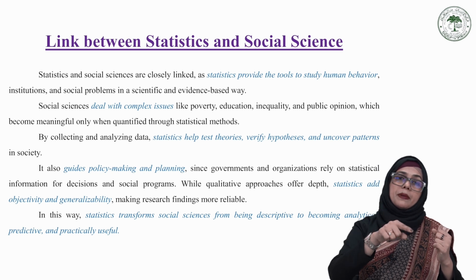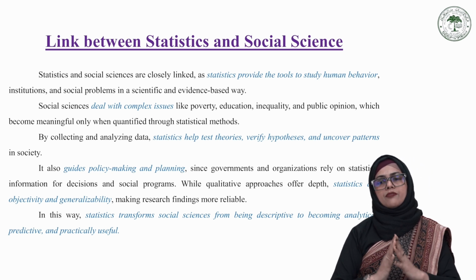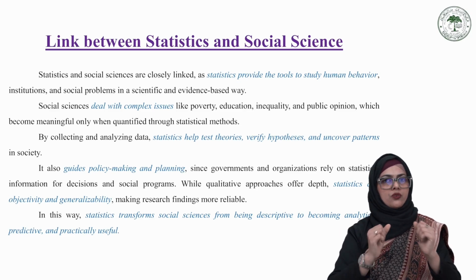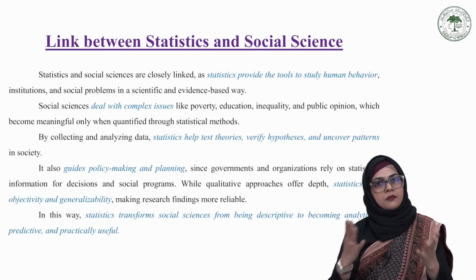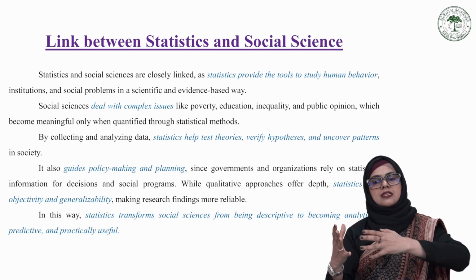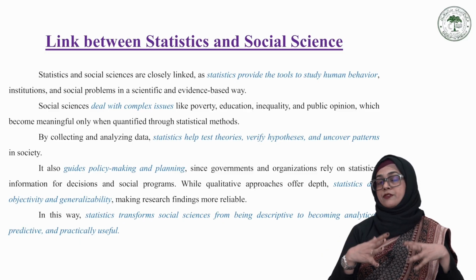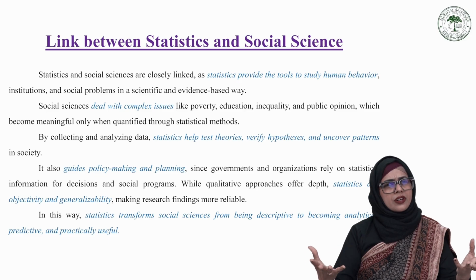Now how does it help and guide policymakers? For example, if a government wants to know whether a new welfare scheme reduces poverty in rural areas, what can they do? They can do a survey and collect data from different households before and after the scheme, and of course they have different statistical tools like mean income, poverty ratio, regression analysis and so on.